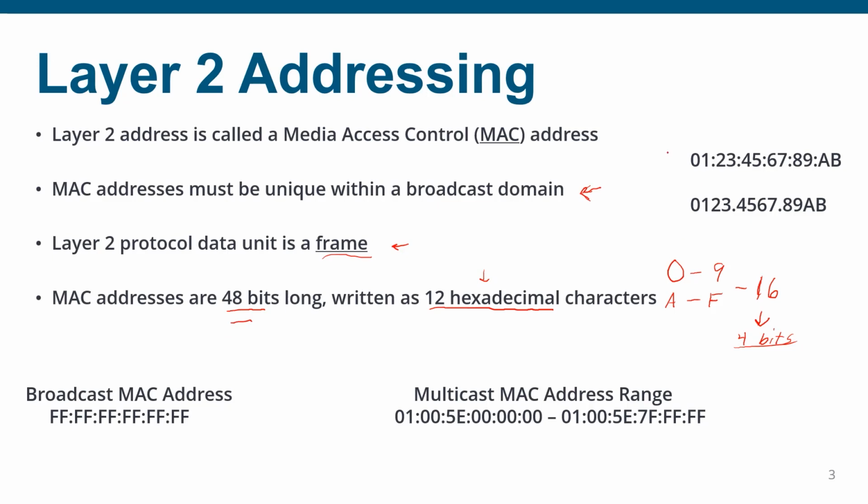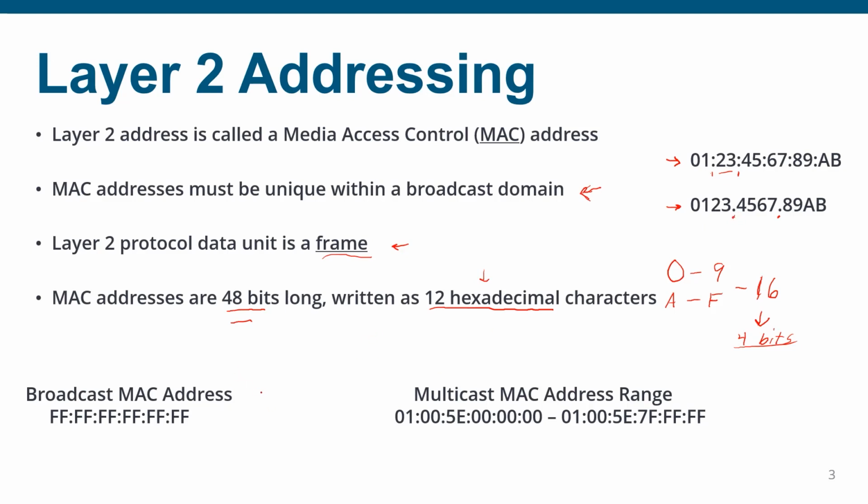This is often written as 2 hexadecimal characters and then a colon, and then 2 more, and then a colon. Sometimes you will also see them written as 4 hexadecimal characters, separated by periods.